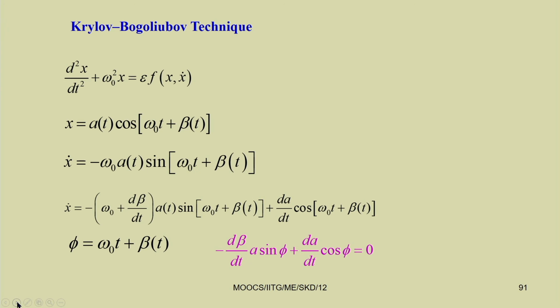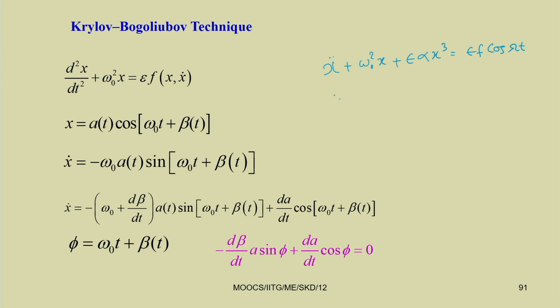A generalized equation can be written in this form: d square x by dt square plus omega 0 square x equal to epsilon f(x, x dot). For example, in case of the Duffing equation, we write x double dot plus omega 0 square x plus epsilon alpha x cube equal to epsilon f cos omega t.